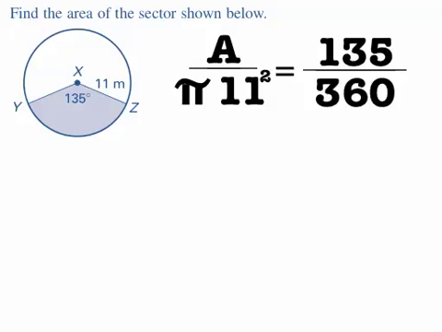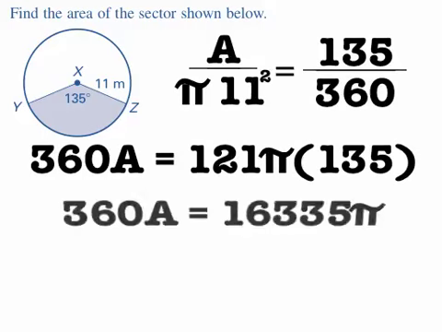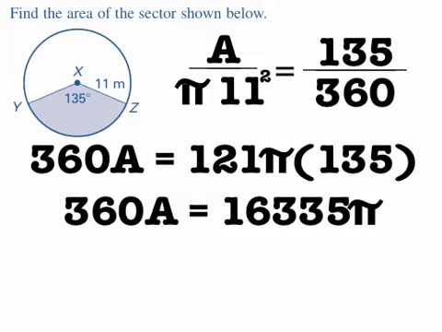You can go ahead and cross multiply, or you could also just think I need to get A by itself, so I would need to multiply both sides by pi times 11 squared. When I cross multiplied, I have 360A equals 121 pi times 135. 121 is 11 squared.